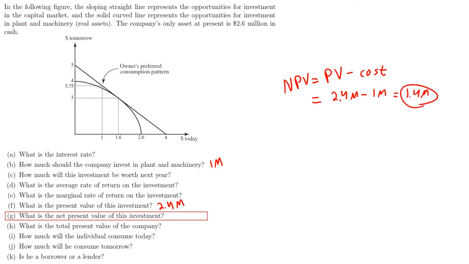Similar to how we did before, let's talk about it another way. Before, we know we could get up to $4 million today. We started at 2.6 at the very beginning. Because of this investment, it allowed us to go from 2.6 to 1.4. So in the same manner as before, that could also be equal to 4, which is the max we could get today, minus what we started with. So that investment had a net present value, once you take into account the cost, again, of $1.4 million.